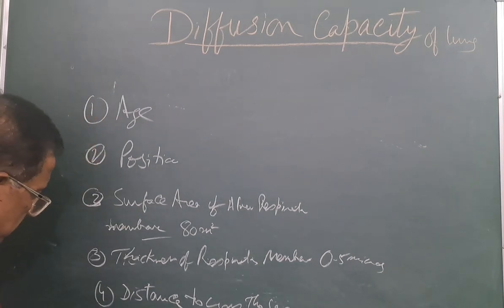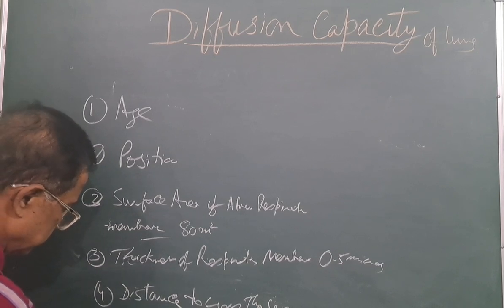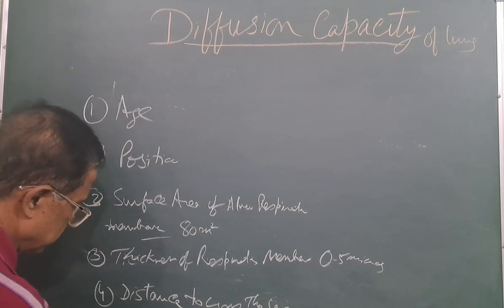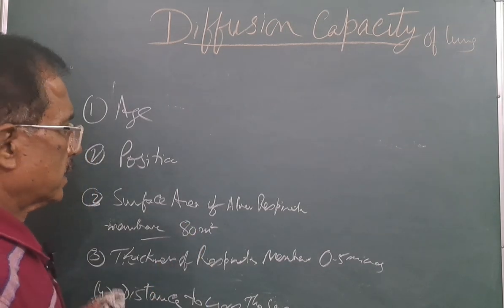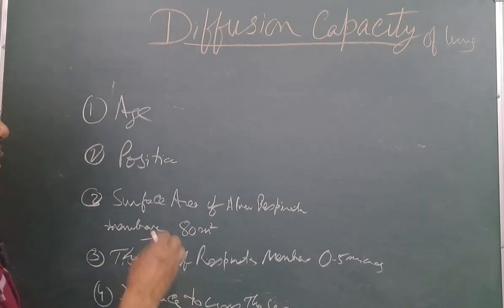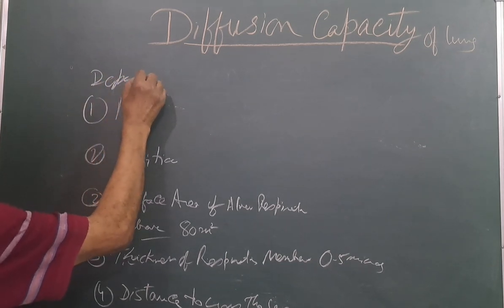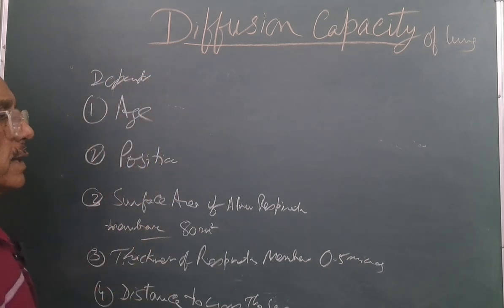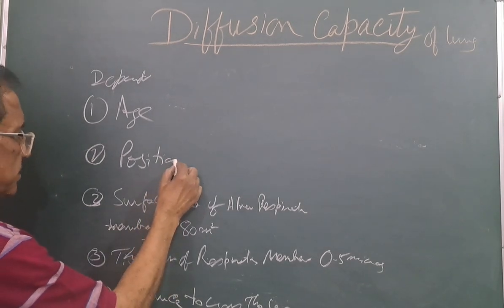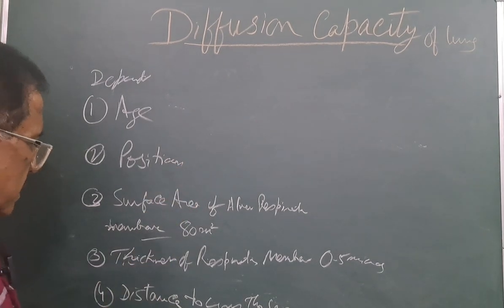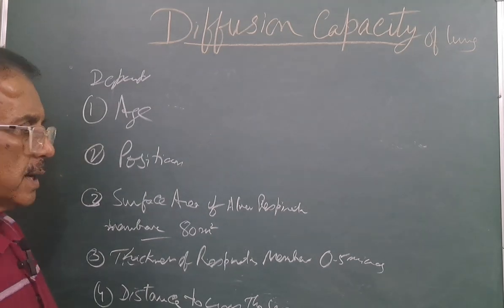Then fifth, solubility of gas. These are the factors on which diffusion capacity depends: age, position, surface area, thickness, distance to cross the gas, and solubility of the gas.